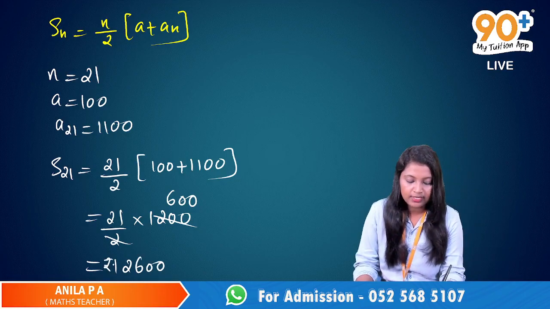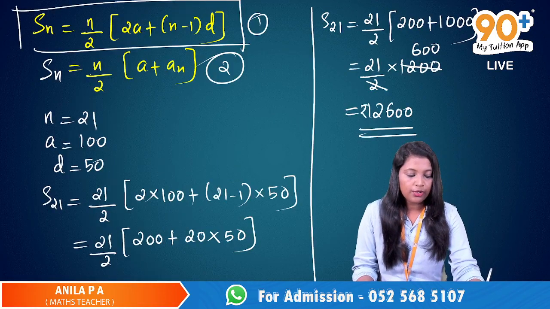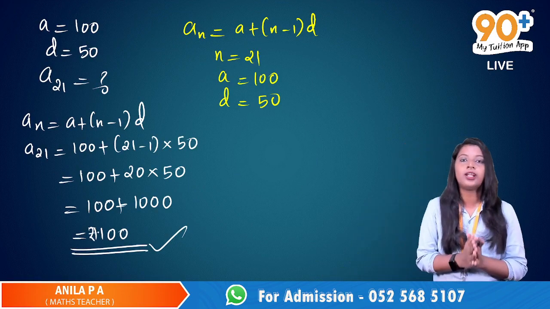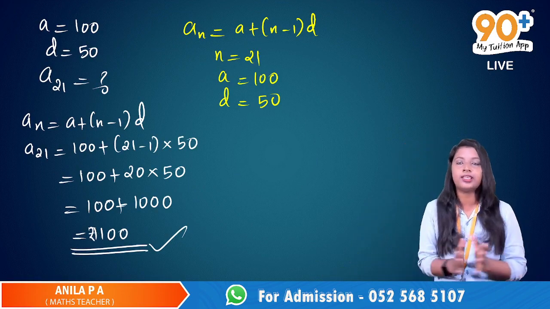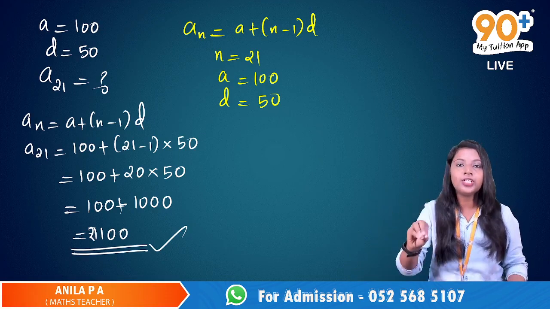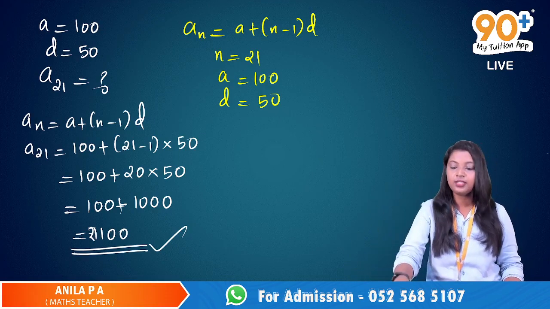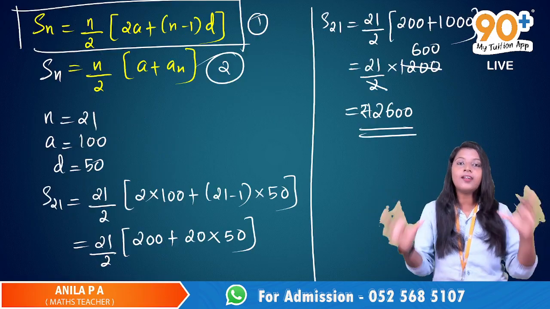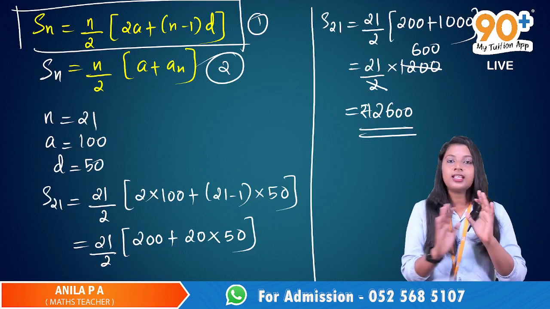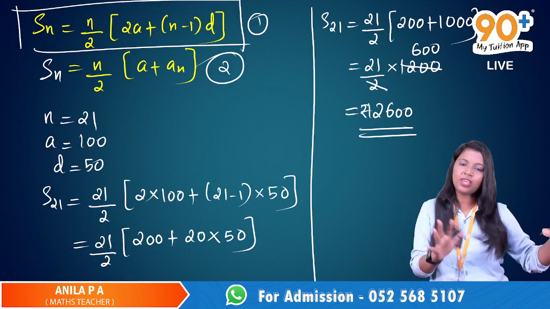This is in rupees, this is also rupees, and this is also rupees, because we are calculating the amount of money. So this is the amount that the mother deposits on her 21st birthday, and this is the total amount deposited in the money box over these 21 years.